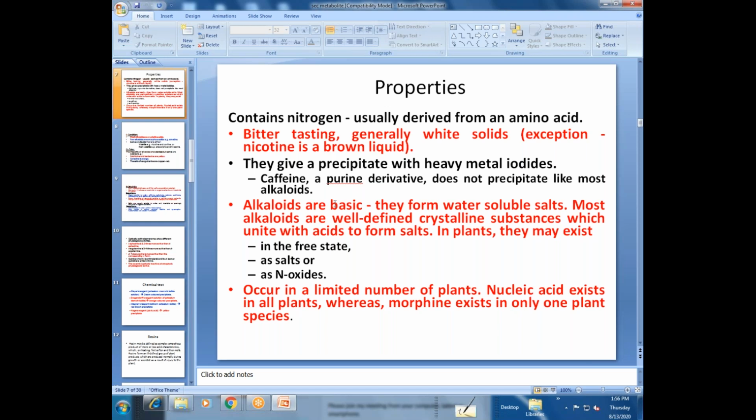Otherwise, all the alkaloids are white crystalline solids. One exception is liquid, that is nicotine, and one exception again is color, nicotine is brown.